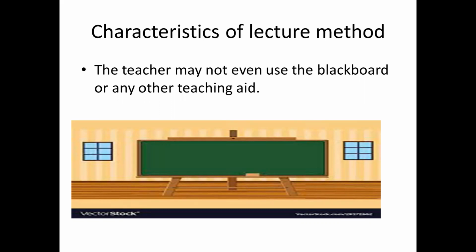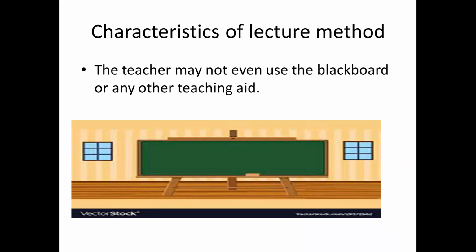We know TLM, teaching learning material, which includes blackboard, chart, table, or any object which we can present or demonstrate, like a globe when a geography class is going on.